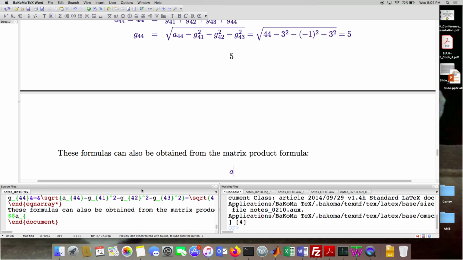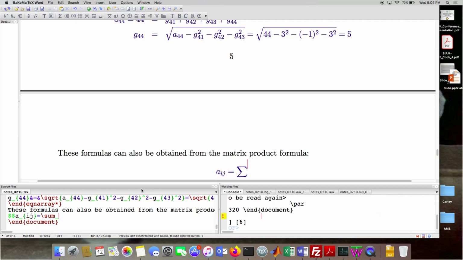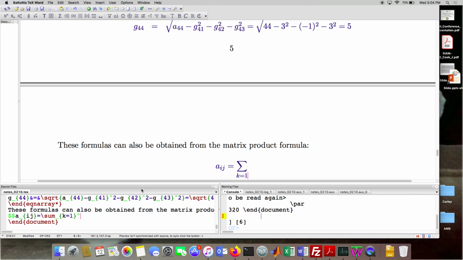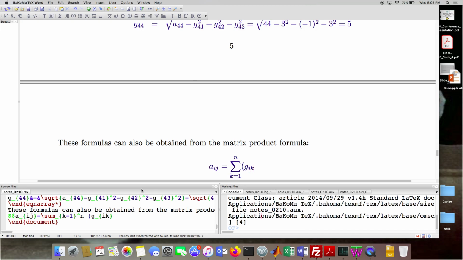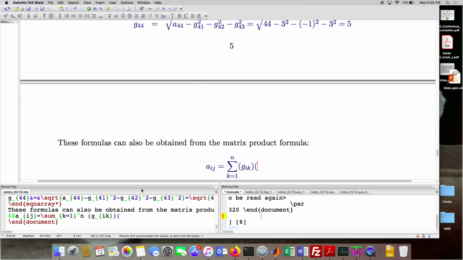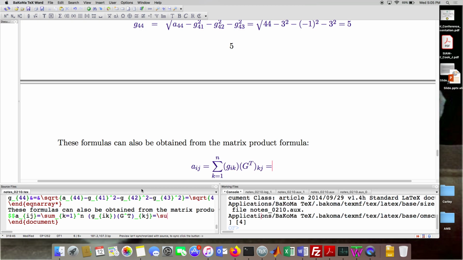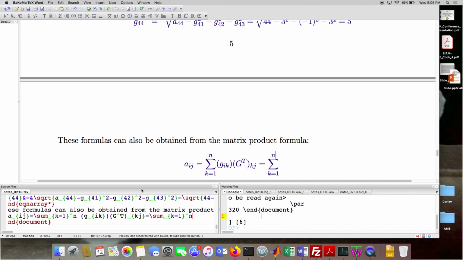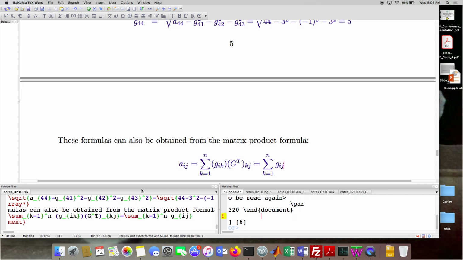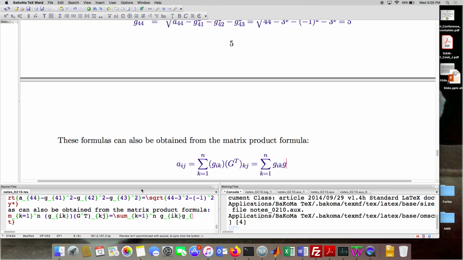So Aij is equal to the sum k equals 1 to n of Gik times G transpose kj. But then I can rewrite that as Gik Gjk.